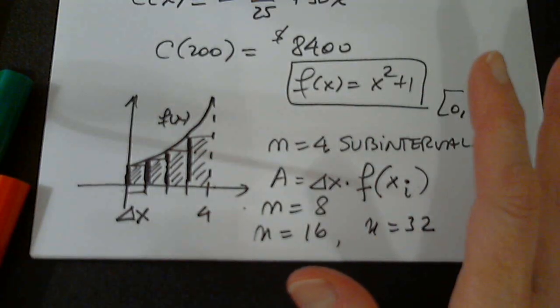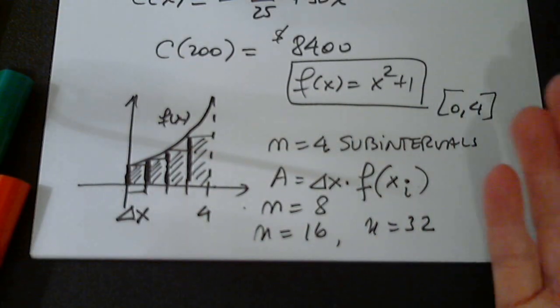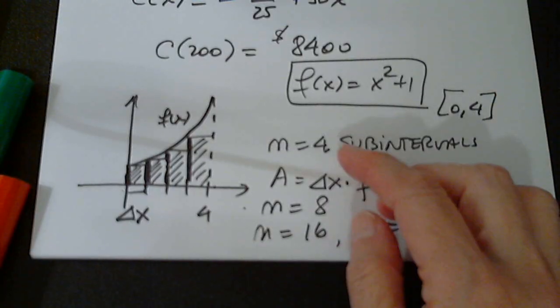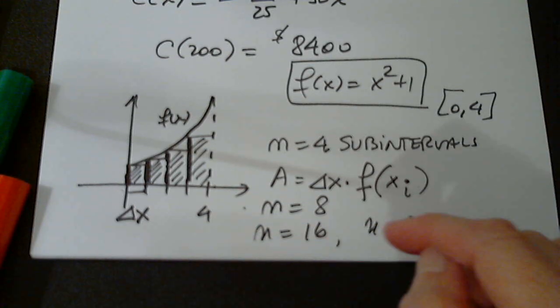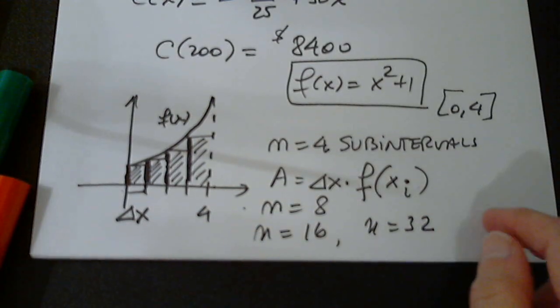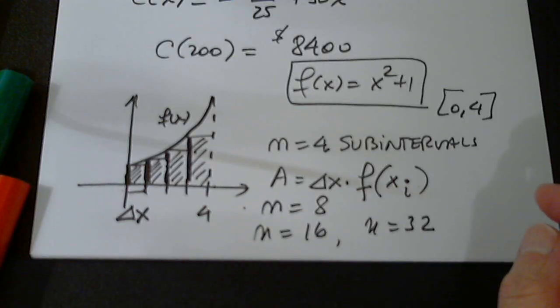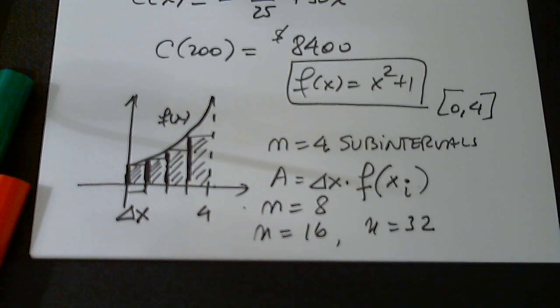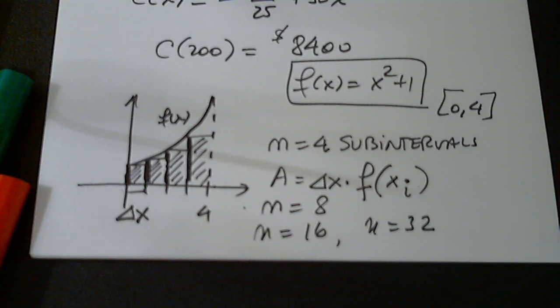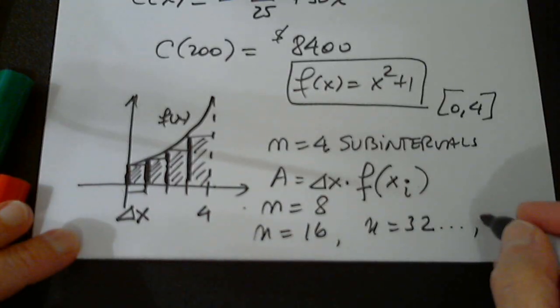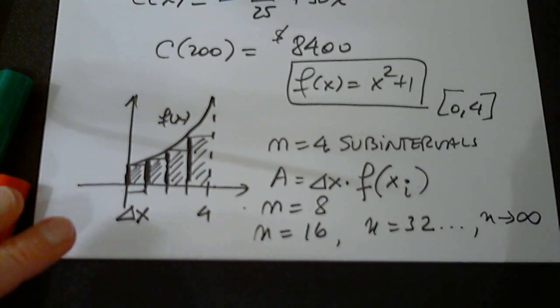What concept from this class am I thinking about when I say n goes from 4 to 8 to 16 to 32 to 64 to 128? Which concept from this class that we worked on am I getting at by increasing the number of subintervals? What if I get n to go to infinity?